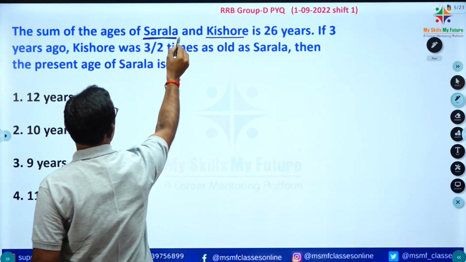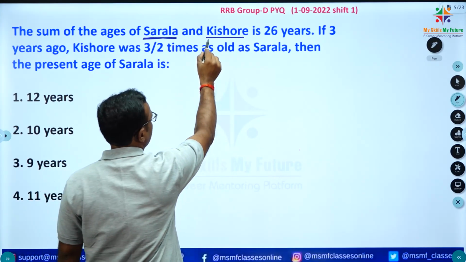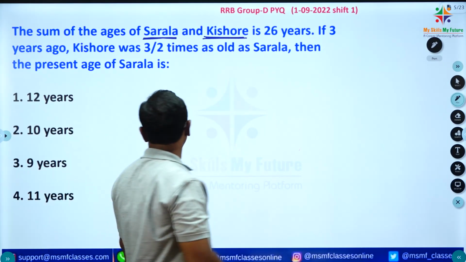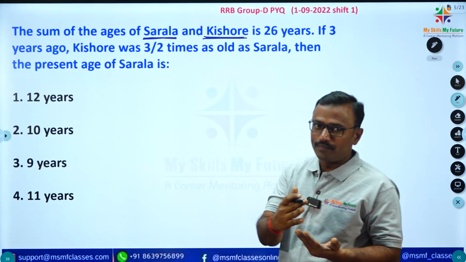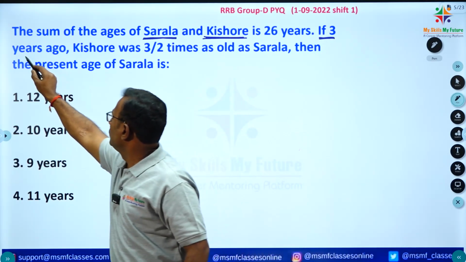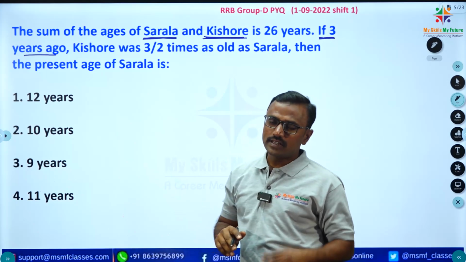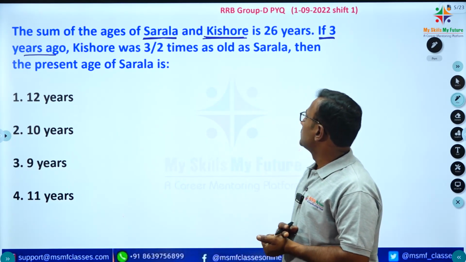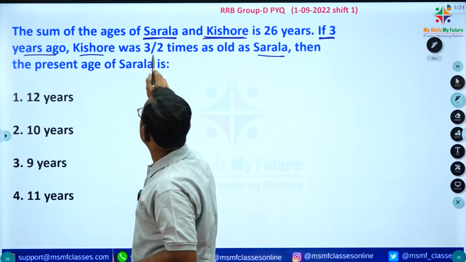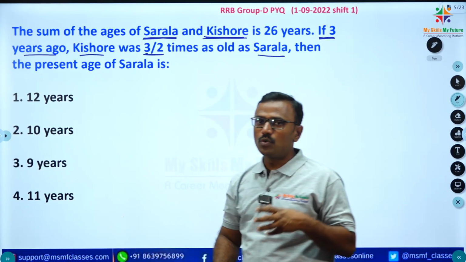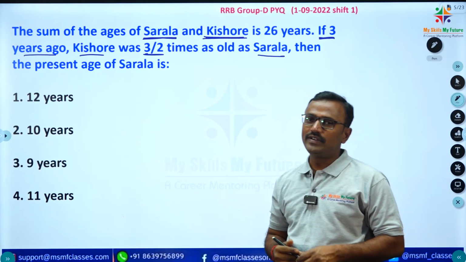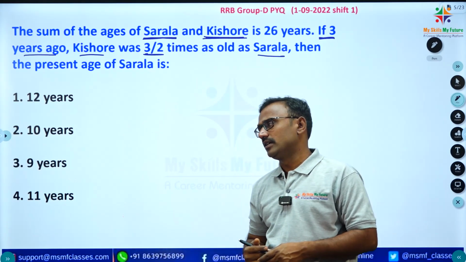If 3 years ago Kishore was 3/2 times as old as Sarala, then we need to find the present age of Sarala.